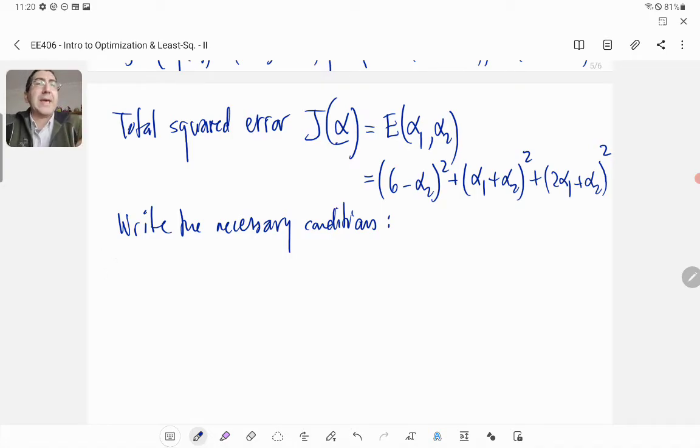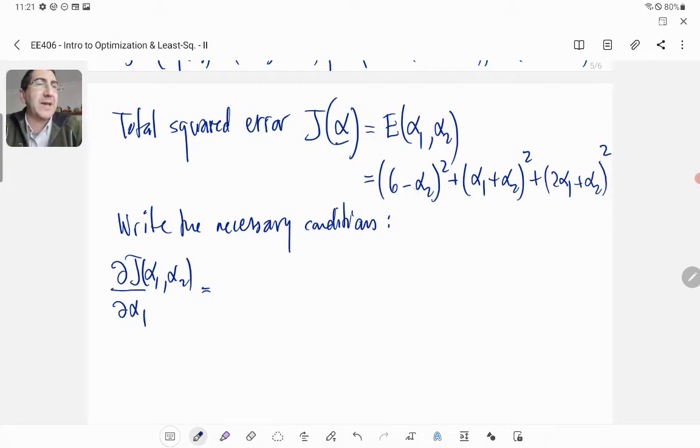I need to take the derivative of J with respect to alpha 1, and the derivative of J with respect to alpha 2. This time I'm doing them explicitly rather than in vector form. So dJ over d alpha 1. Remember, J is a function of alpha 1 and alpha 2. Let's take the derivative with respect to alpha 1.